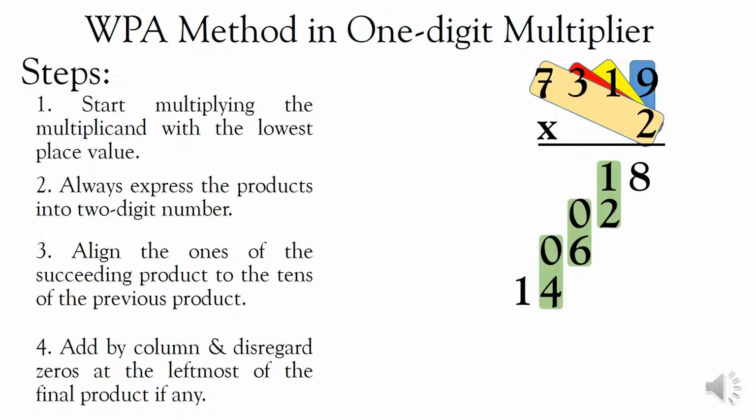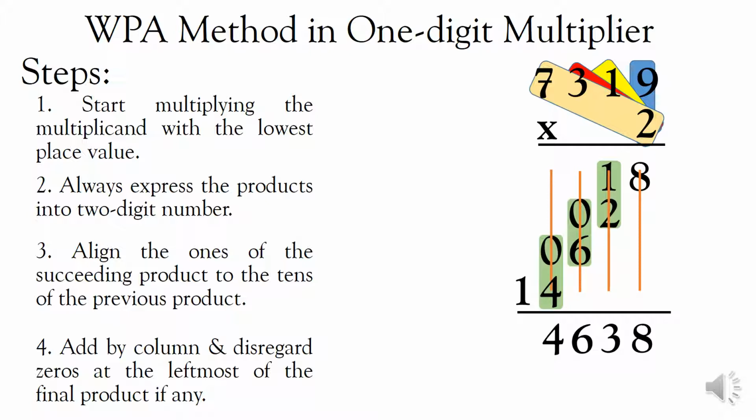There is no digit left to be multiplied. Then we will proceed to step 4 by adding the digits by column. The first column will have the sum of 8. The second column is 3. The third column will be 6. The fourth column will be 4.